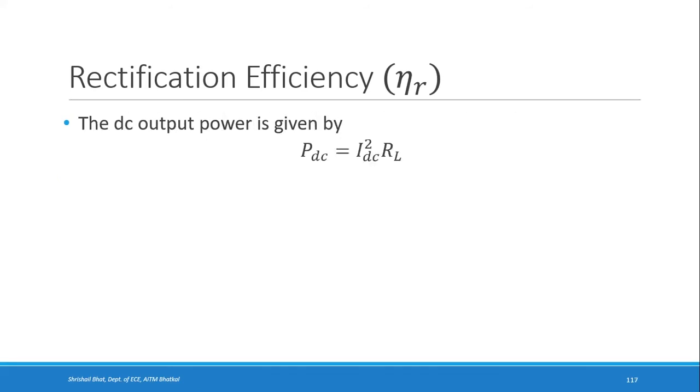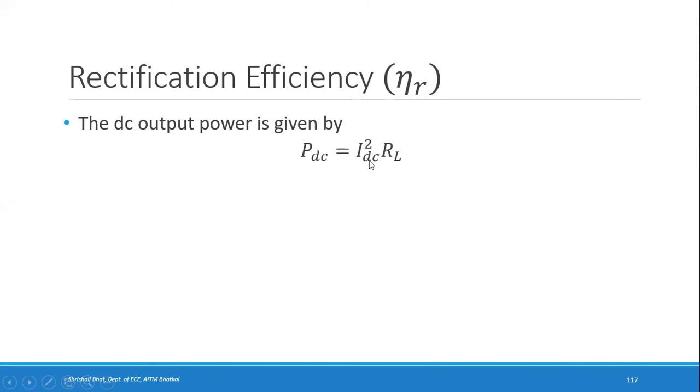When it comes to DC output power, the output power is I square into load resistance. At the output, you have only the load resistance, and the current is flowing only through the load resistance. That's why we can write it as IDC square into RL. Since it is the DC value of the power, you consider the DC value of the current and the load resistance, right?